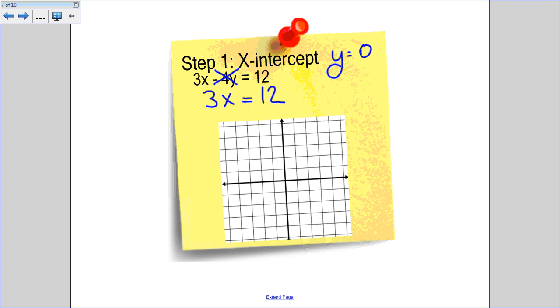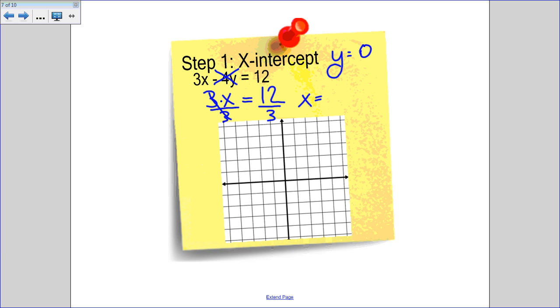How do we solve this? Remember, if these are being multiplied, we always do the opposite. The opposite of multiplying 3 times x is to divide by the coefficient, so divide by 3. Once we divide, these cancel, and we're left with x equals 12 divided by 3.